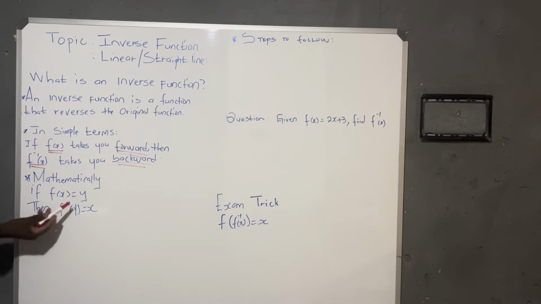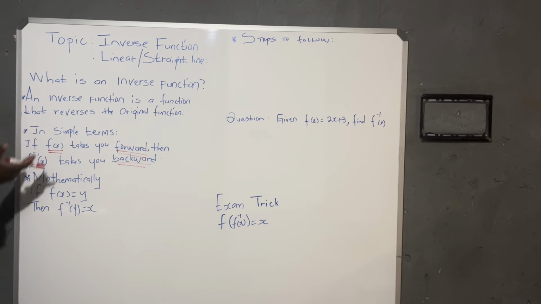So we know that y becomes x, x becomes y, the opposite of each other. That is the explanation of inverse, but it is just theoretical. We need to be practical about it.